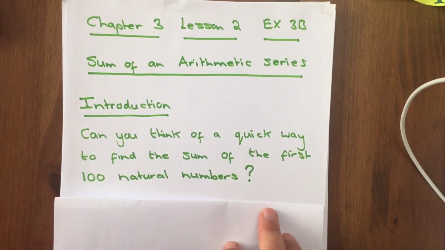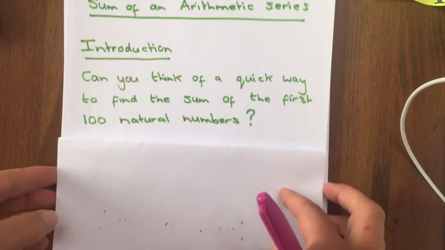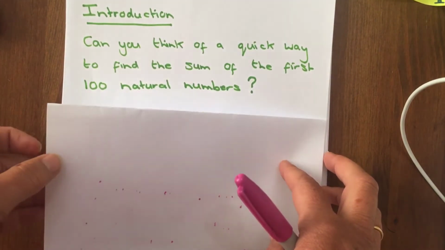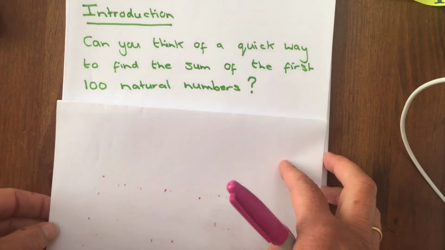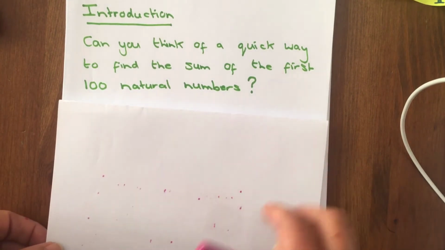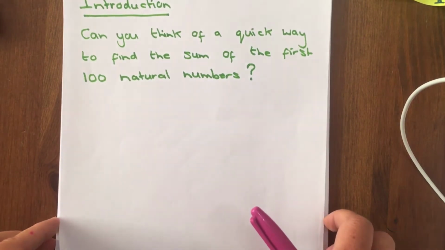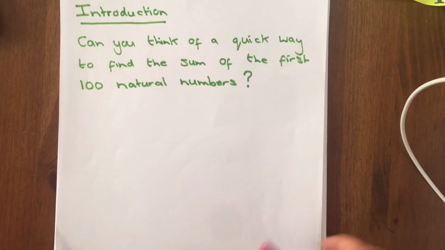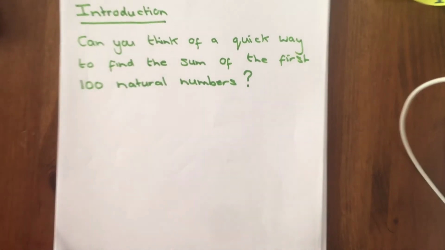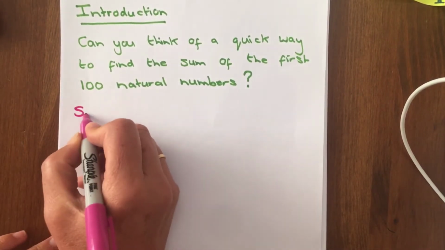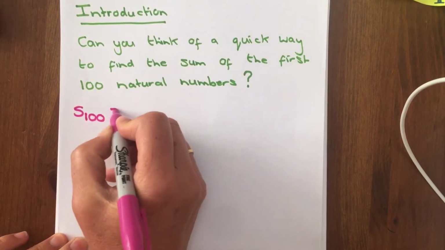Now, I want you to have a little think first of all, for my introduction. Can you think of a quick way to find the sum of the first 100 natural numbers? What I mean by that is, what's a quick way of working out the sum of the first 100 natural numbers?